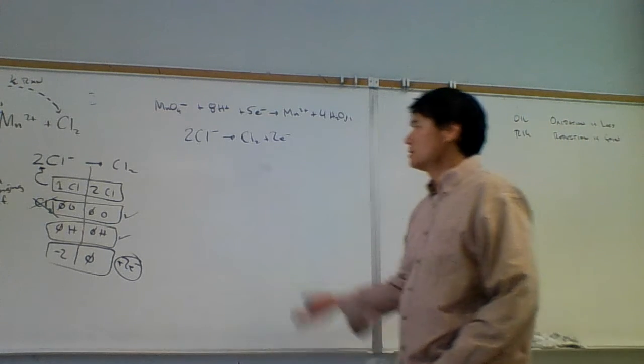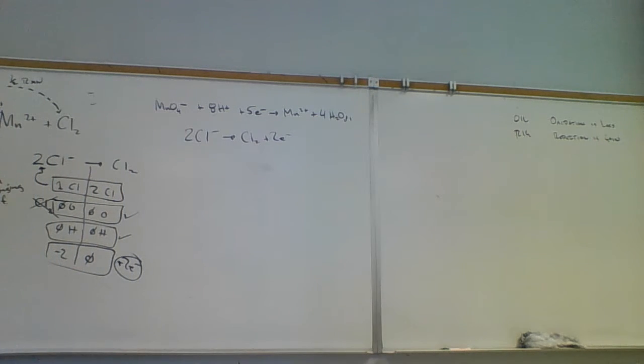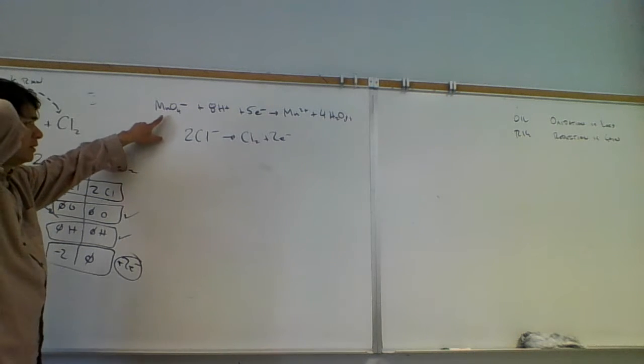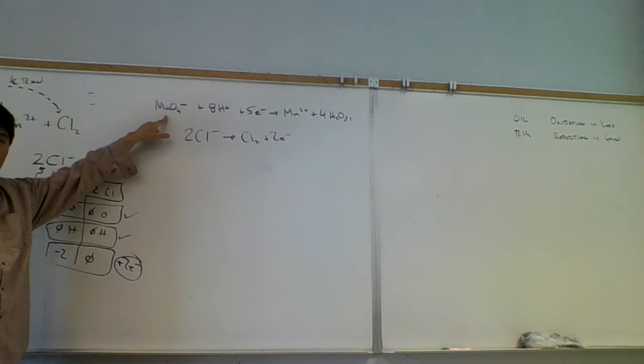So which one of these is losing, which one of these is gaining? Electrons, that is. Looks like the top one is gaining or losing electrons? This one here, gaining or losing electrons?